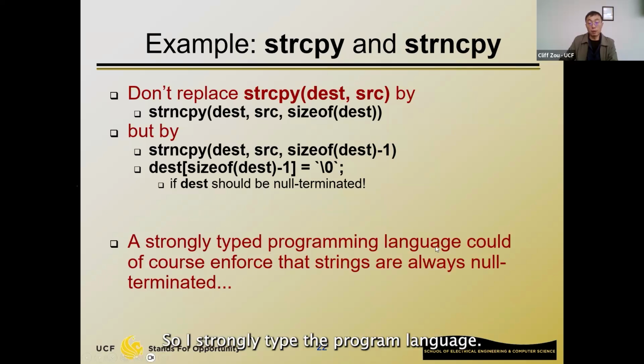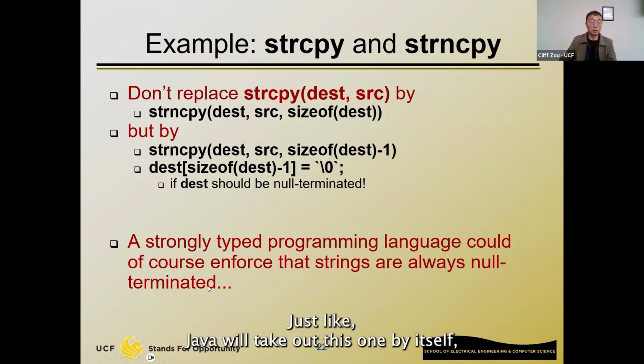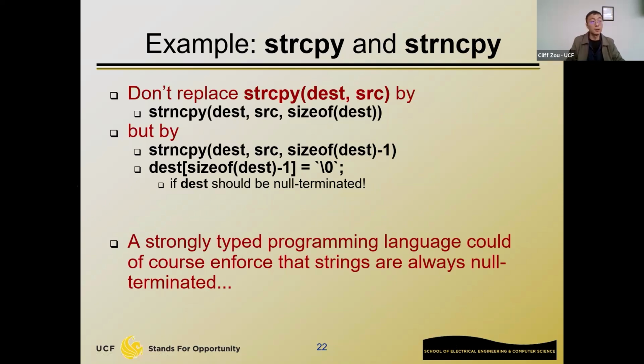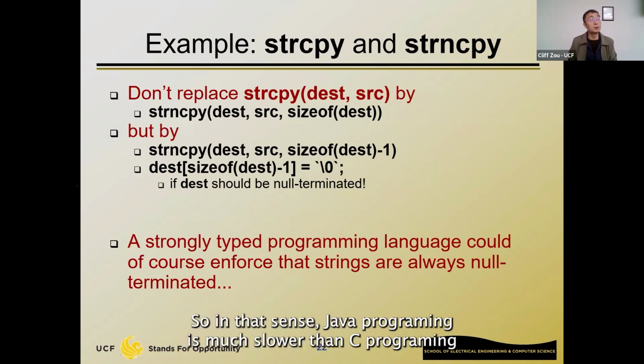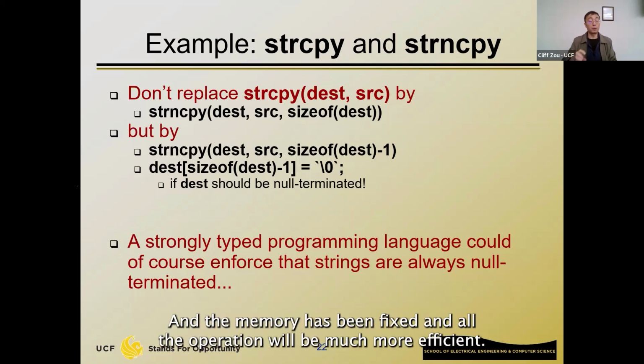So a strongly typed programming language could, of course, enforce that strings are always null terminated, just like Java will take care of this by itself. But Java will deal with memory allocation, dynamic memory allocation, by itself. So in that sense, Java programming is much slower than C programming, because C is more low-level programming code, and the memory has been fixed, and all the operations will be much more efficient.